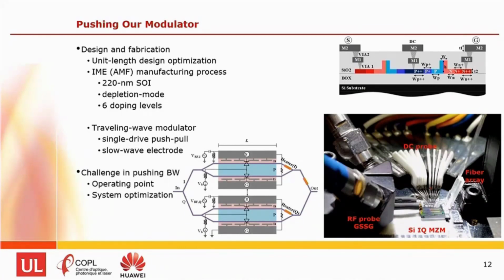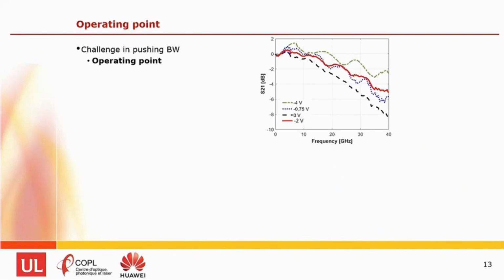So the challenge is to push the bandwidth in exploiting this modulator, and that involves a lot of system optimization, including, first of all, how just to operate this modulator. To give you an appreciation of why this is important, I'd like to show you the small signal response for the modulator for various bias levels.